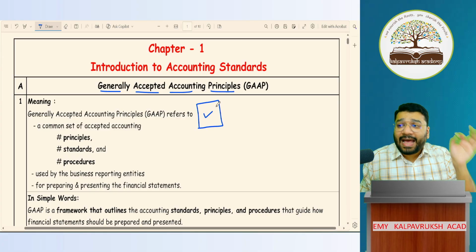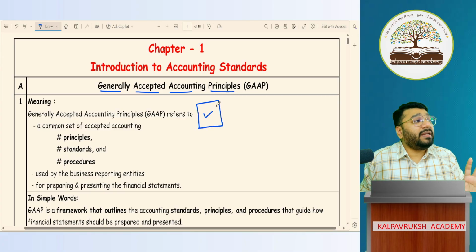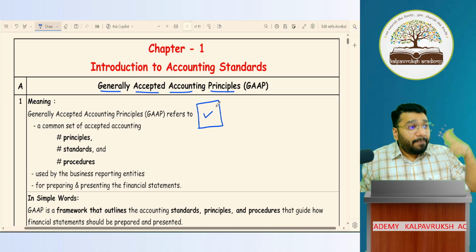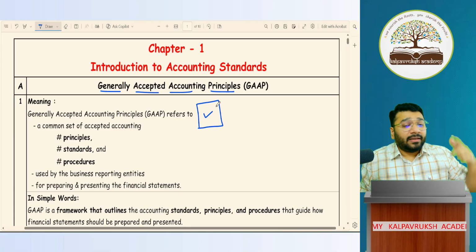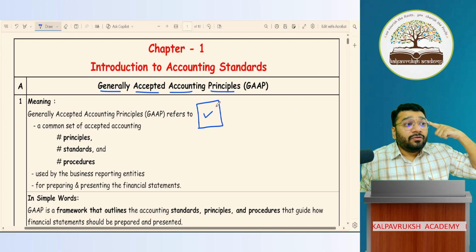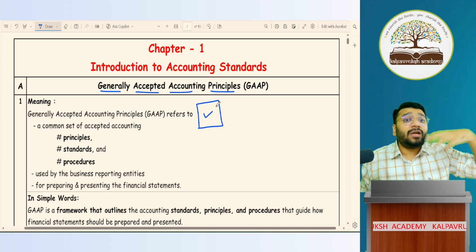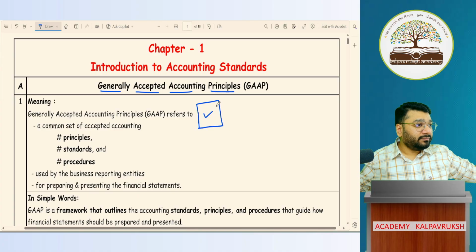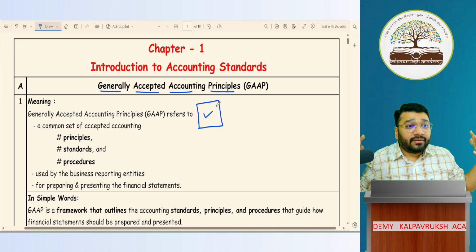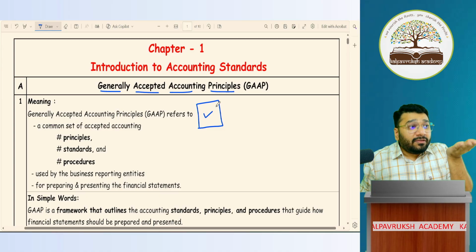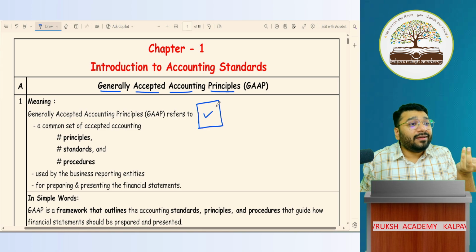Flexibility has to be given to respective countries to create the accounting standards which will best suit their economic, legal, and business conditions. But at the same time, we can't give so much freedom that the accounting standards they develop are totally different, because then the financial statements you prepare will not be comparable.